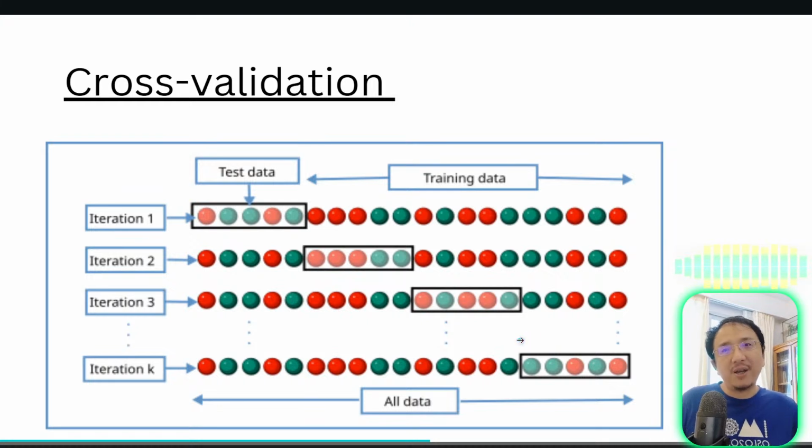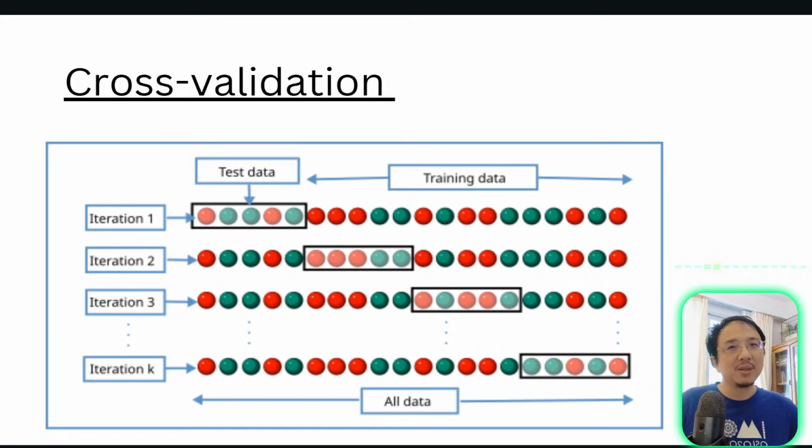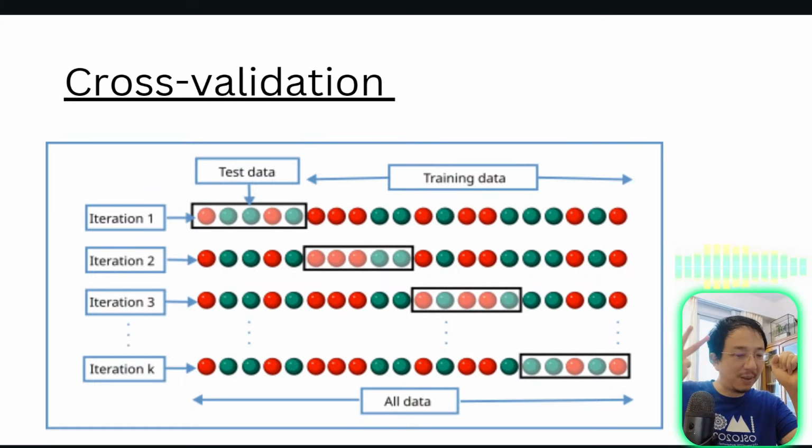Another benefit is that sometimes your training data is small, like you have only 10 samples. If you pick 2 of them, or even 5, as your validation data, it is very difficult. The precision of your benchmark is not very good because your validation data only has 3 samples.